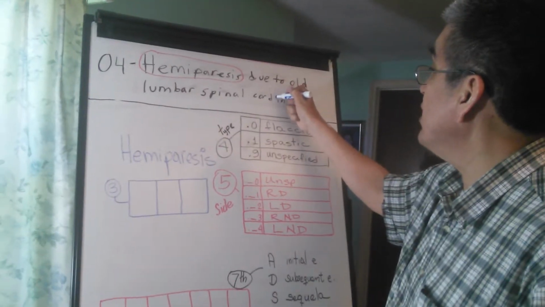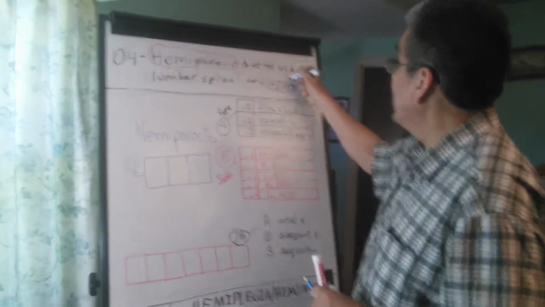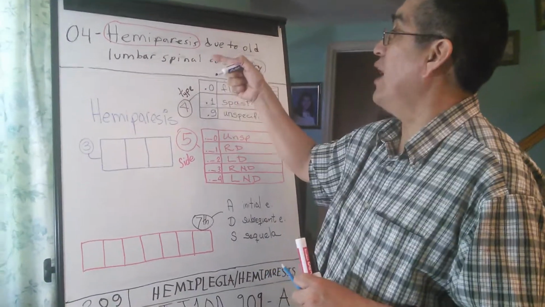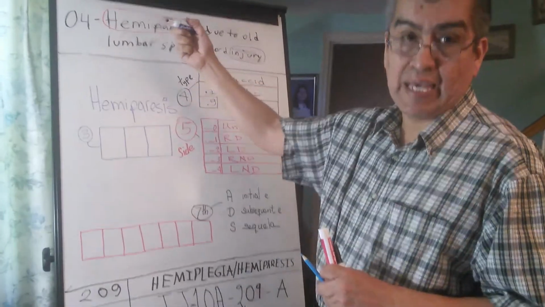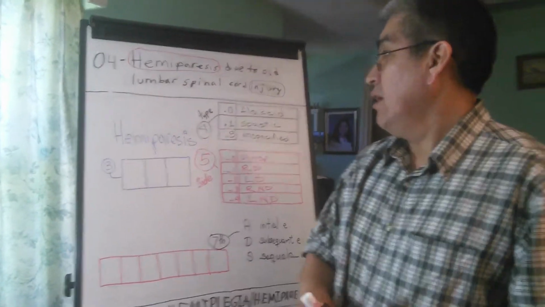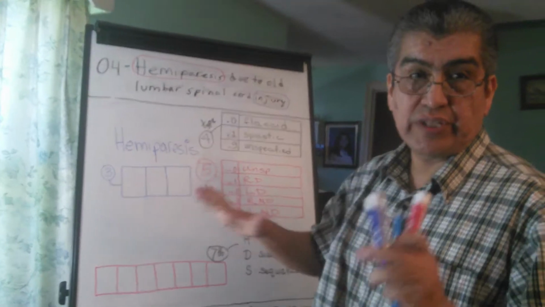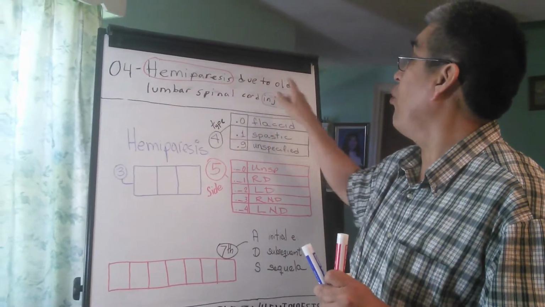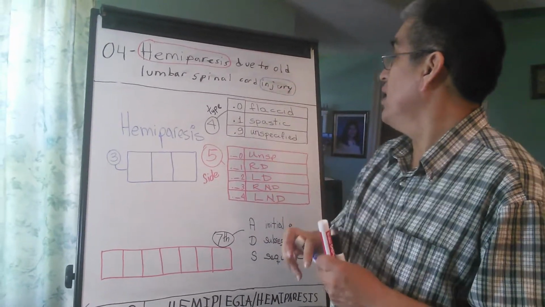There was an injury at the beginning in the lumbar spinal cord. That's why there is a hemiparesis now. So, by these two conditions, we know that there are two codes: one for hemiparesis and one for the old lumbar spinal cord injury.